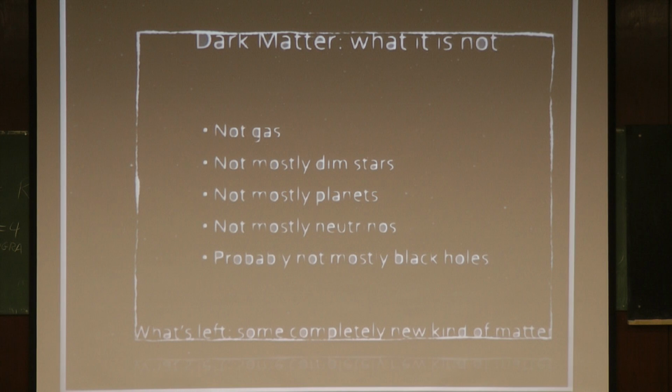And what it is not, this dark matter, based on, again, adding it all up for what it could be, is that it's not gas, it's not dim stars, mostly, it's not mostly planets or neutrons, and probably it's not mostly black holes. So, yes? Please, could you extend what you mean by this is not gas?